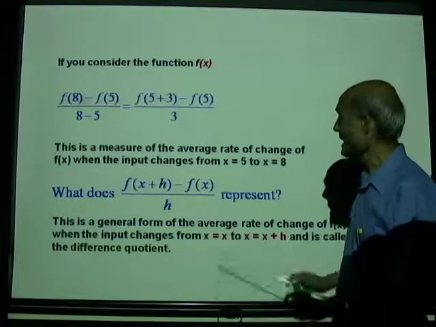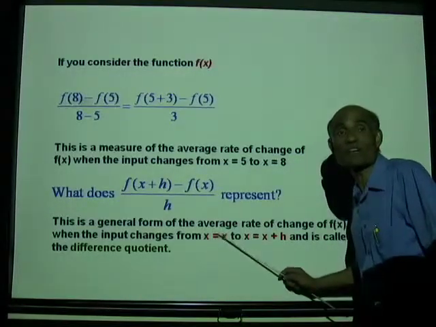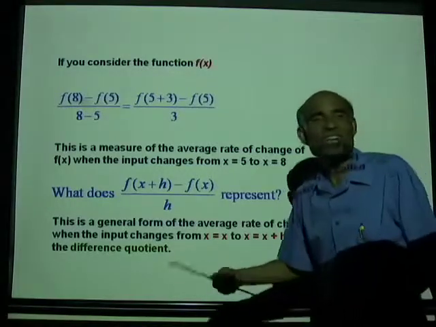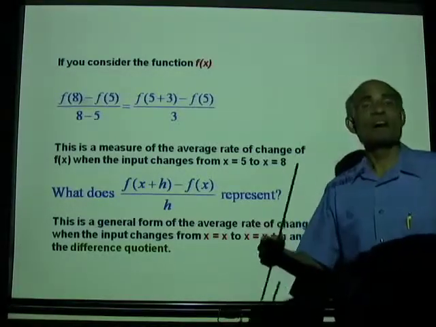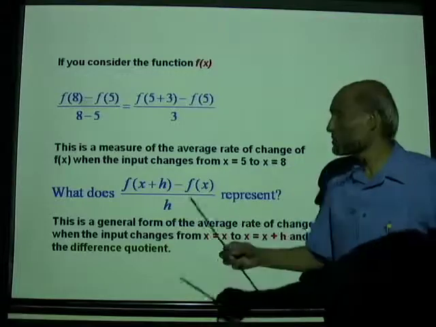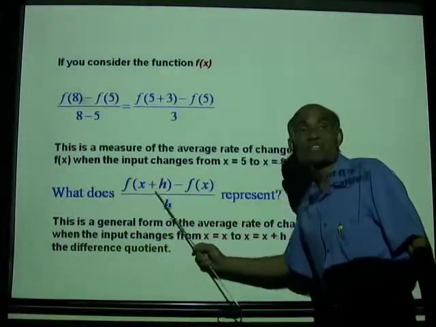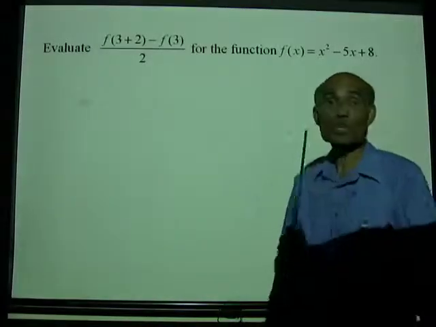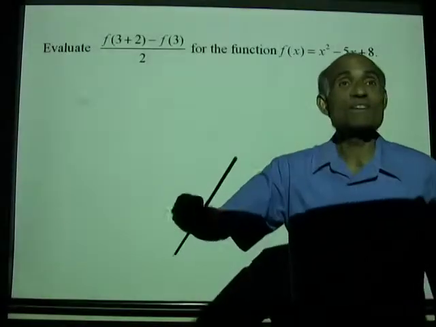That's right. X changes from x to x plus h. The change in the x value is h, and that change in the x value caused a change in the output equal to this. Very important concept, especially when you go into calculus.